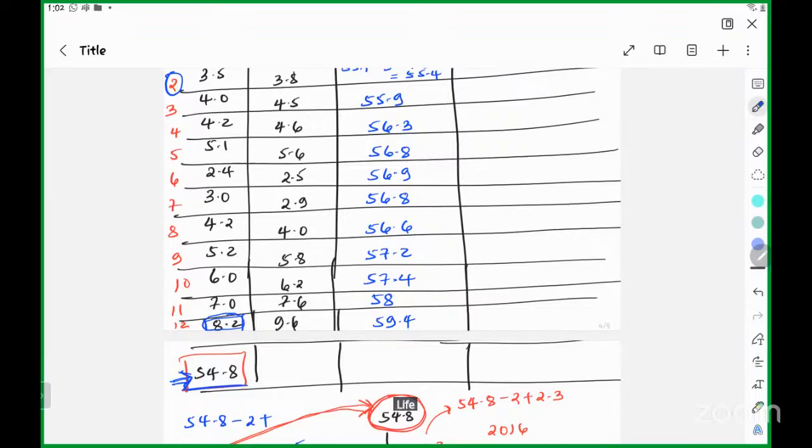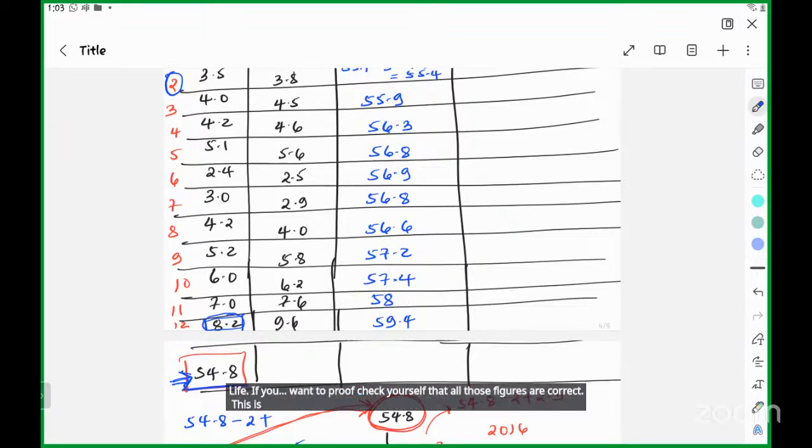Nice. If you want to proof check yourself that all those figures are correct, this is what you do.